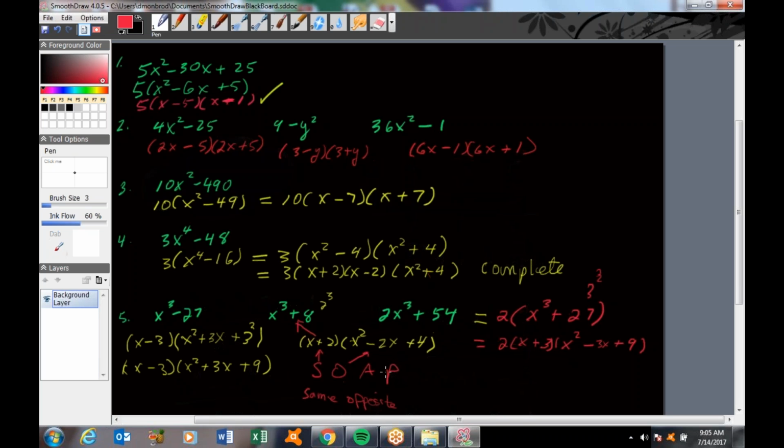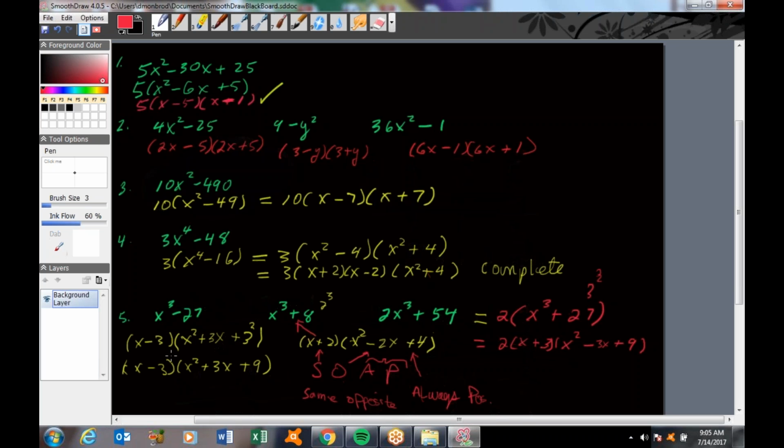And this AP stands for the last sign here, and it says always positive. Always positive. That refers to this last sign right here. AP, always positive.